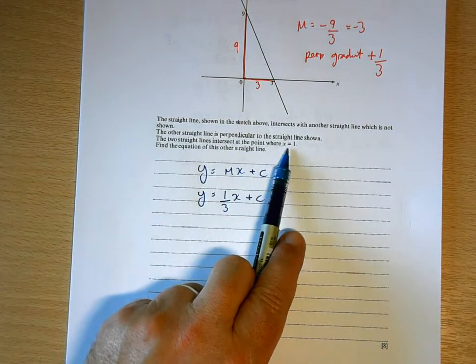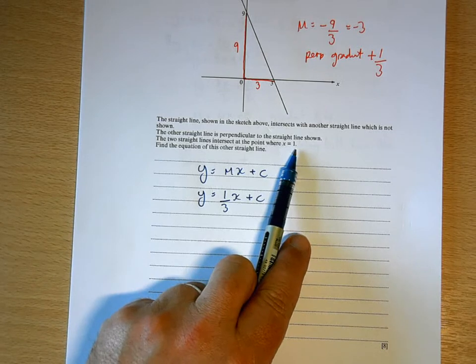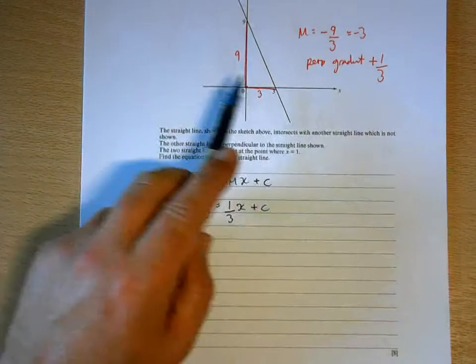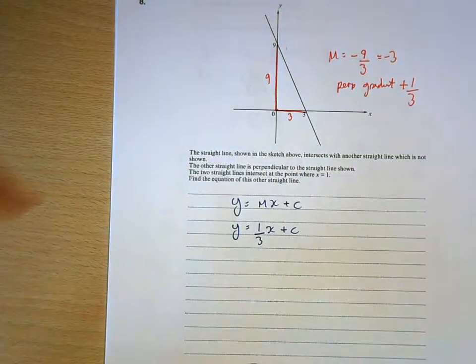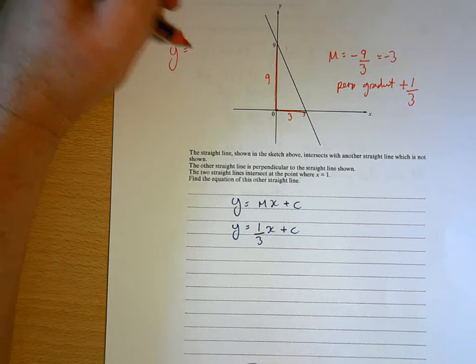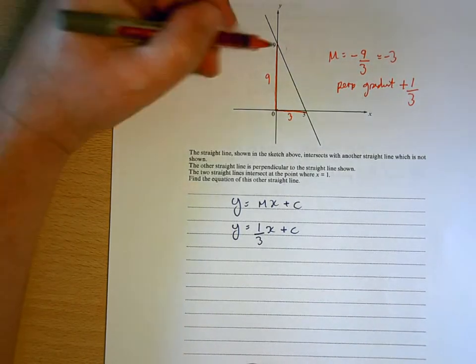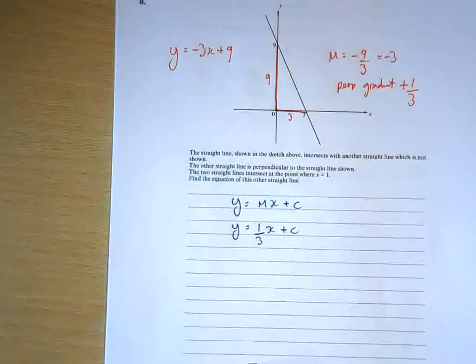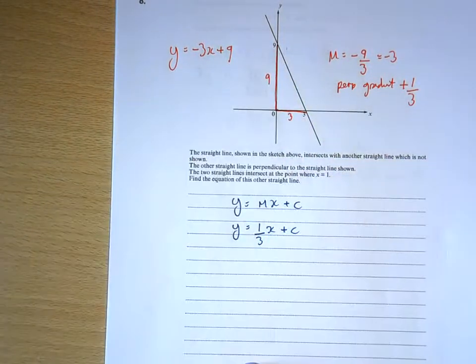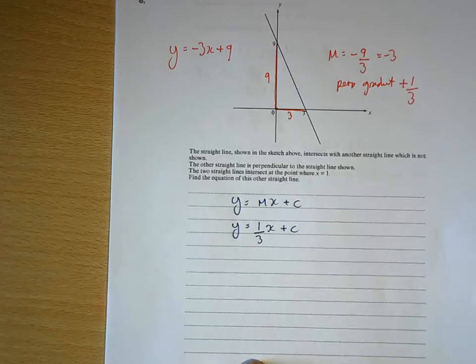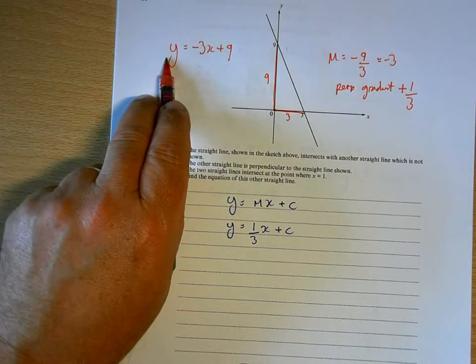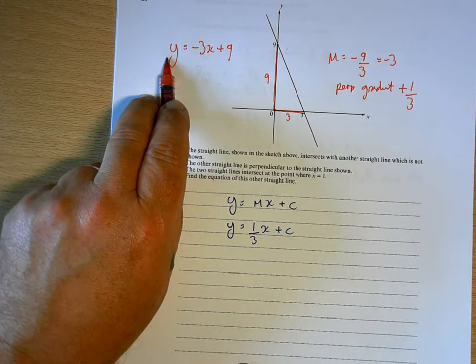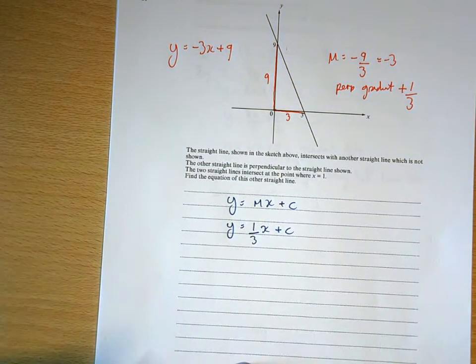The two lines intersect at the point where x equals 1. So I now know the equation of this line is y equals -3x plus 9, because I know it crosses the y-axis at 9. So when x equals 1, I can work out what the y coordinate is from this line.